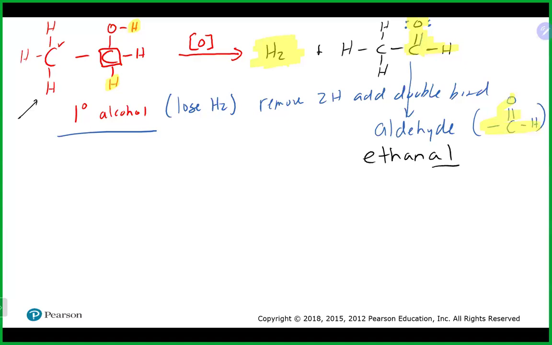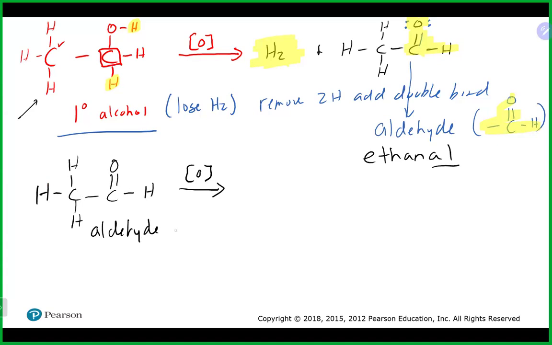By the way, if you take a primary alcohol and you oxidize it once, you get an aldehyde. But if you take that aldehyde that you just made, it could also continue to go through another oxidation. Now, the first oxidation we did to get to the aldehyde was we removed hydrogen.